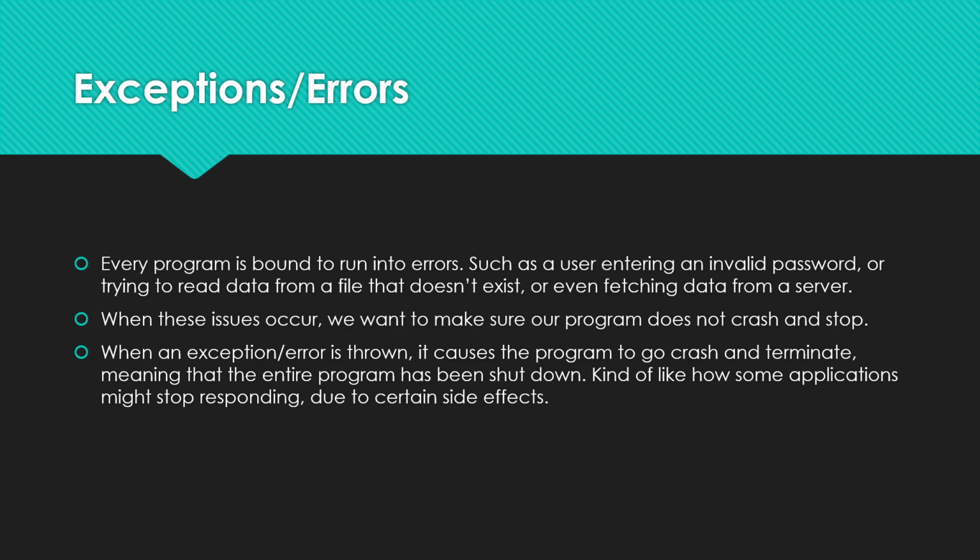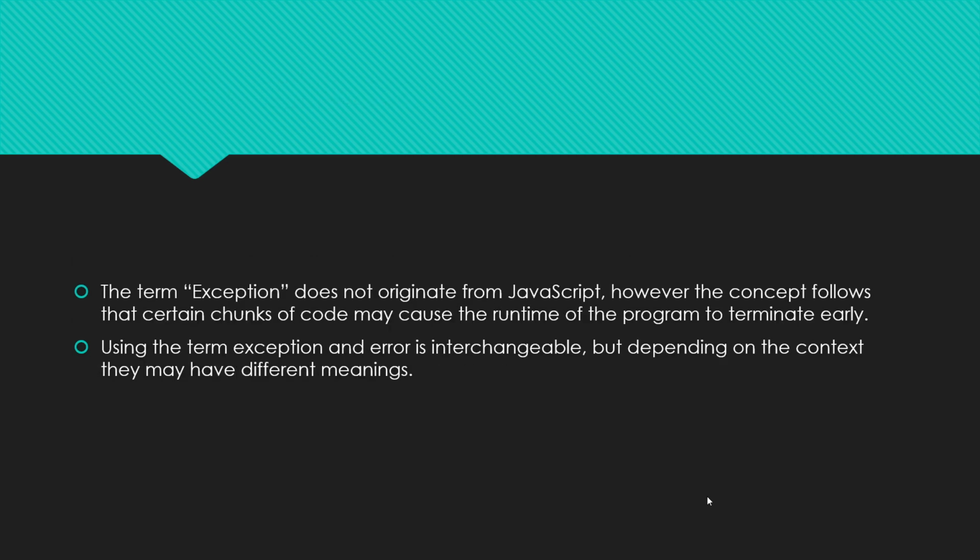Typically when an exception or error is thrown, it causes the program to terminate and everything is shut down. But there are times where we might want to continue on with the program. Even if something goes wrong, we can still continue on with certain tasks that don't depend on that previous result.